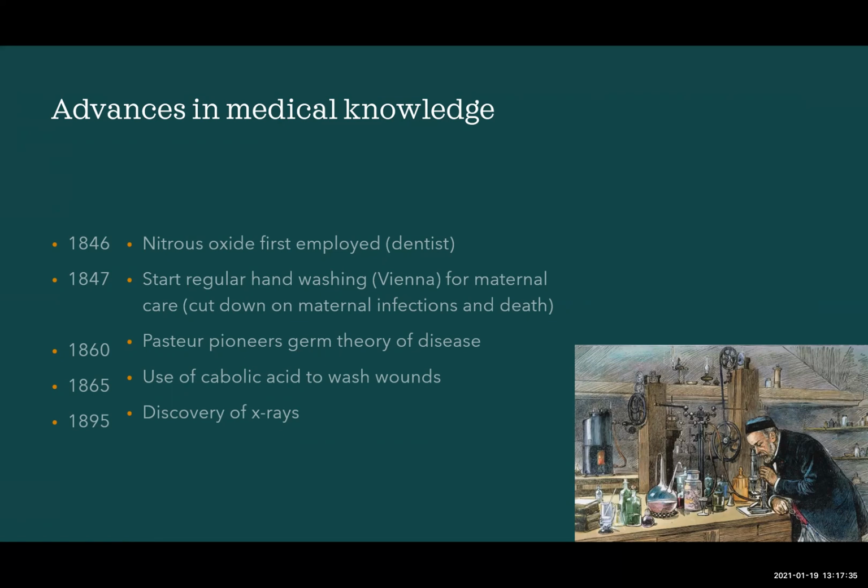However, it didn't really make it into the United States until the 1900s, and there's another podcast on that. Pasteur, of course, pioneered germ theory, and the use of carbolic acid to wash wounds dates to 1865. And of course, we have the discovery of the X-ray in 1895.